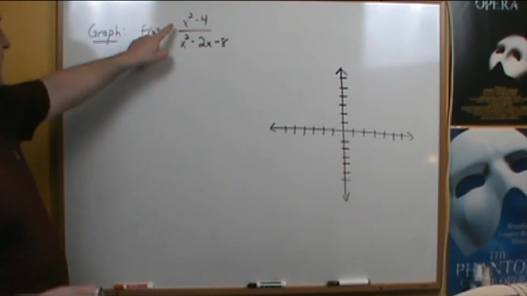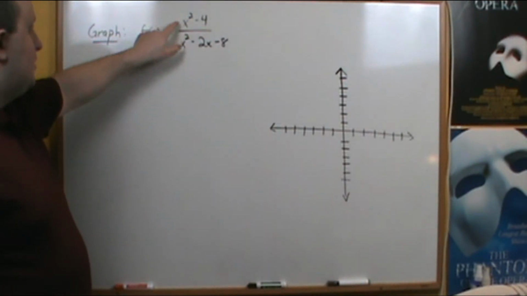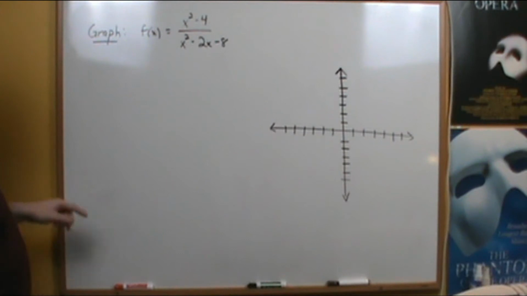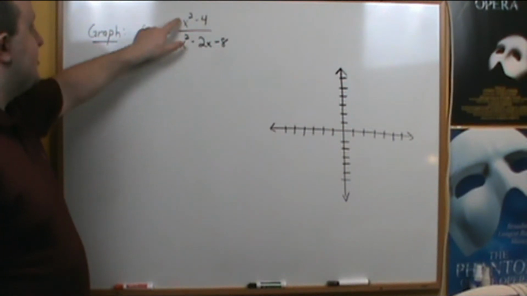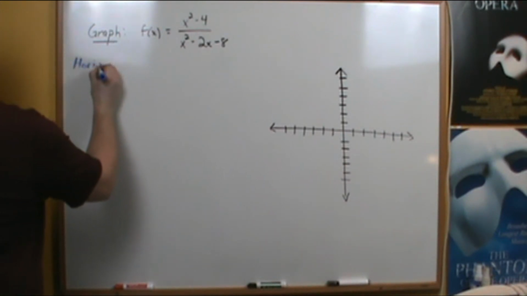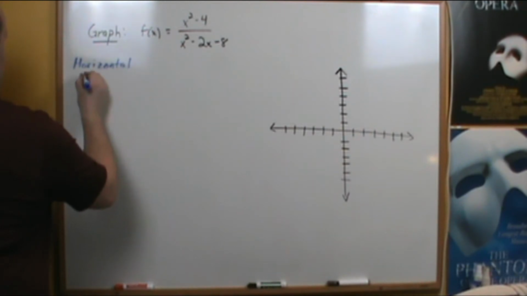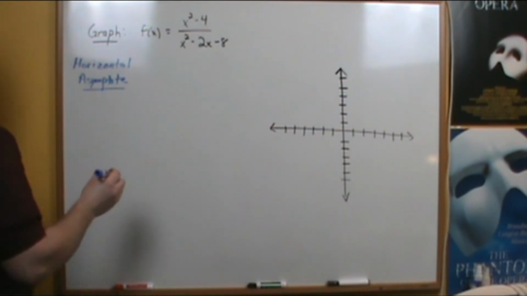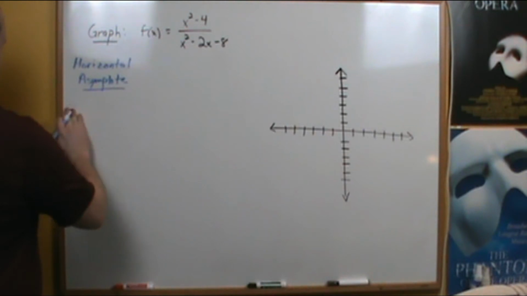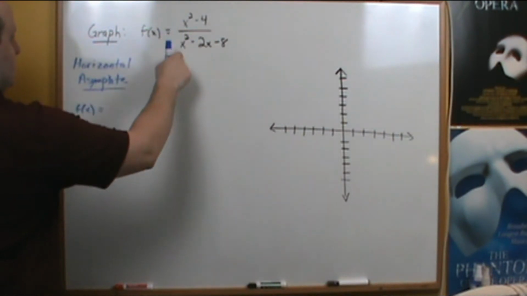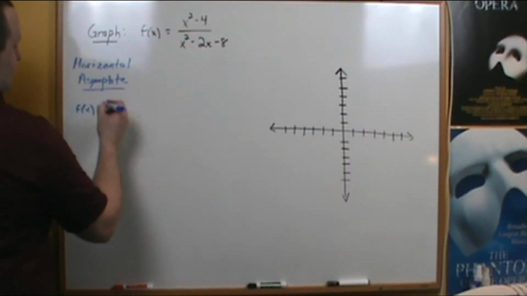horizontal asymptote first. First off, we'll notice that the degrees of both the numerator and the denominator are the same. So that tells us that the horizontal asymptote is going to be the ratio of their leading coefficients. So our horizontal asymptote is going to be at f of x equals, coefficient of x squared is 1, coefficient of x squared is 1, so 1 divided by 1 is 1.